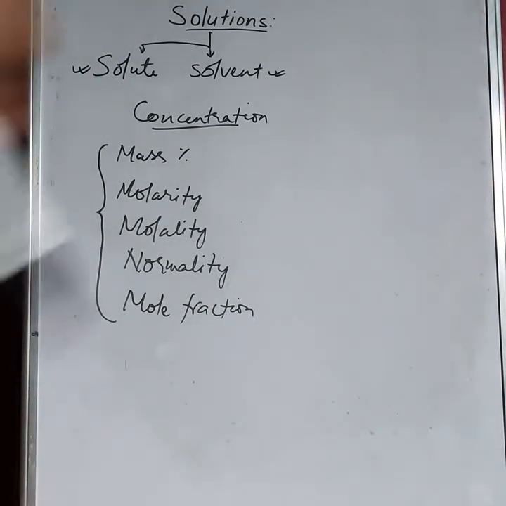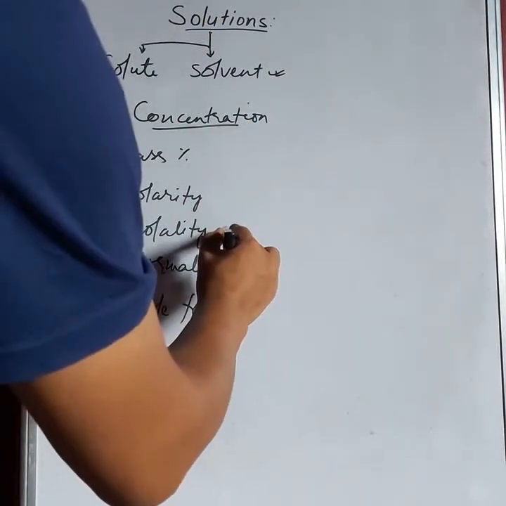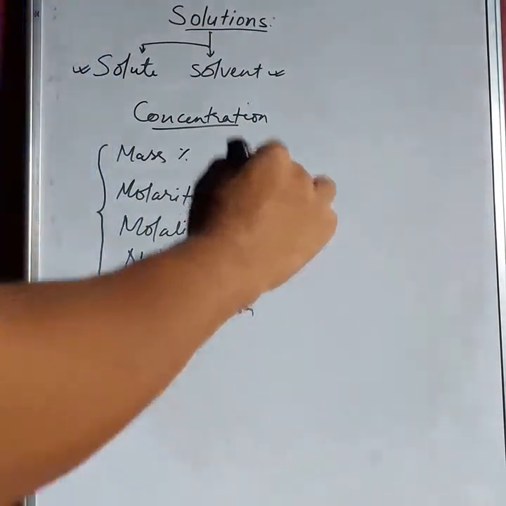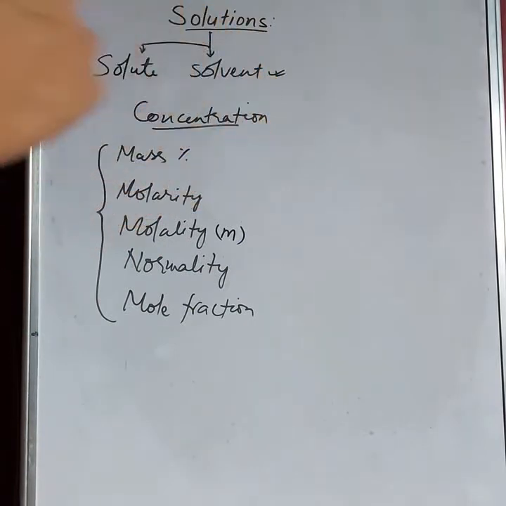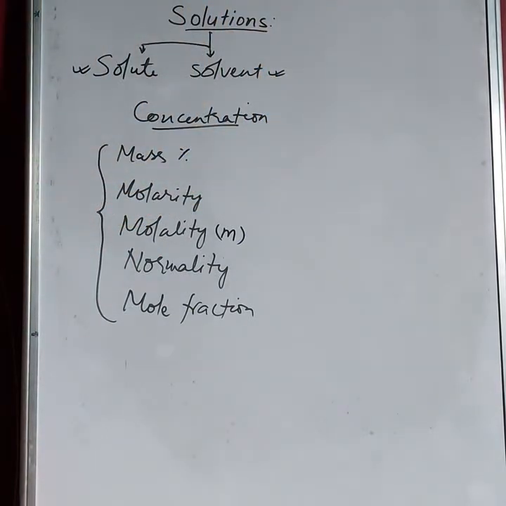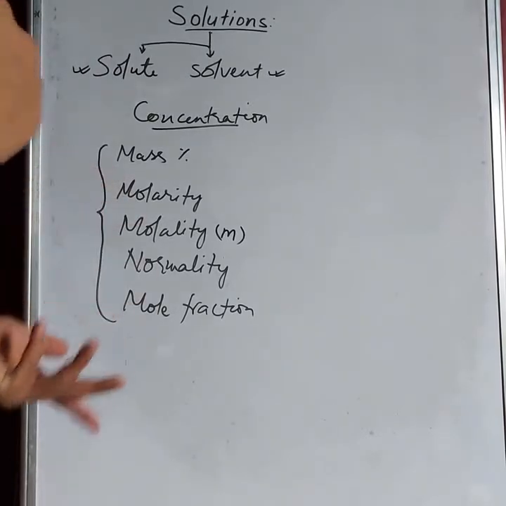Now what is molality? Molality we denote by small m. So molality is defined as the number of moles of solute per 1000 grams of solvent. So it's similar to molarity. The difference is instead of liters, it's per kg.